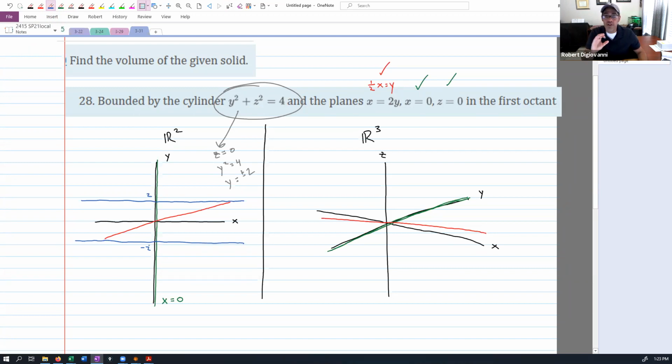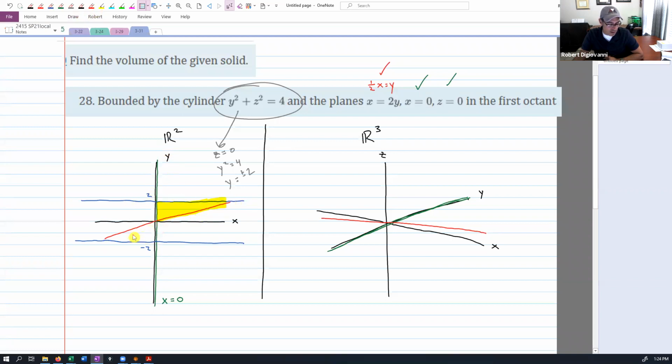So we're trying to find the region enclosed by all of these things. Do y'all see it right there? It's enclosed by the y-axis, by this line, and by this edge of the cylinder.